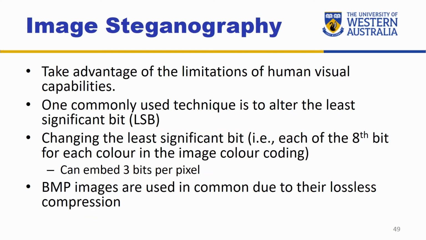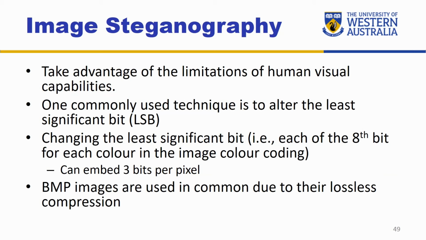It takes advantage of the limitations of human visual capabilities. Just like the examples that we saw at the very beginning, we have two pictures which look exactly the same, but one contains a secret message and the other does not. One of the most commonly used techniques is to use the least significant bit and alter that to encode some secret messages.